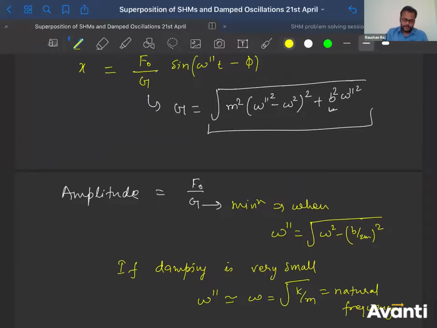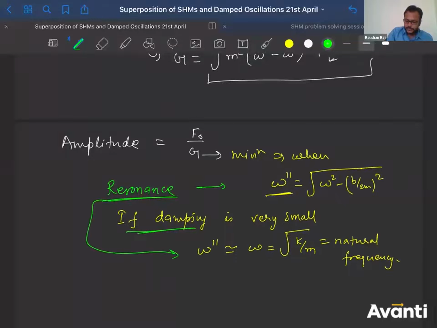So when G will be minimum, or when omega double dash is equal to square root of omega square minus b by 2m whole square, this condition is called a resonance condition. If damping is very small, then the resonance frequency will be written as omega, the natural frequency. So there are two formulas for resonance. When damping is considerable, then this formula. When damping is very, very small, then this formula.